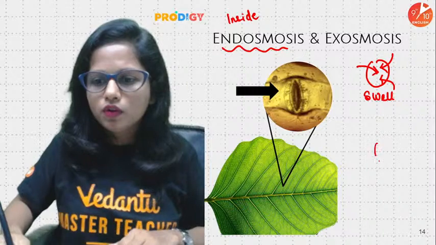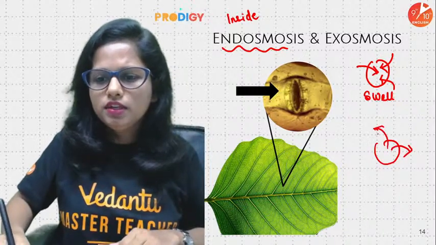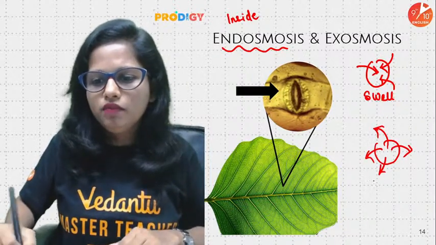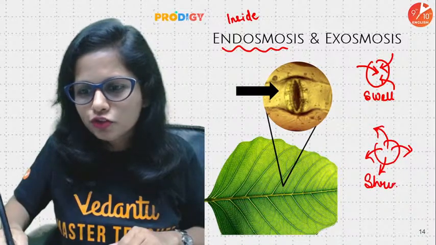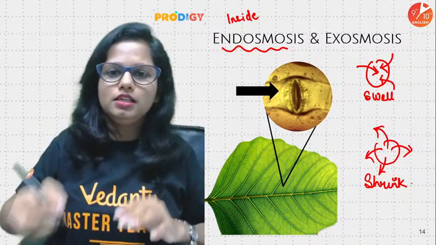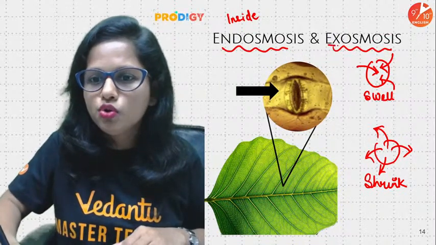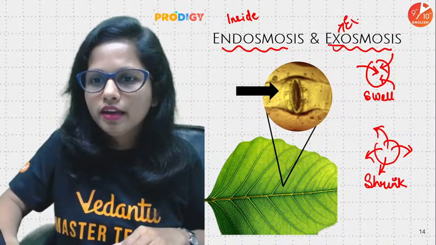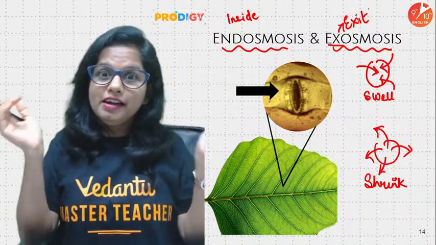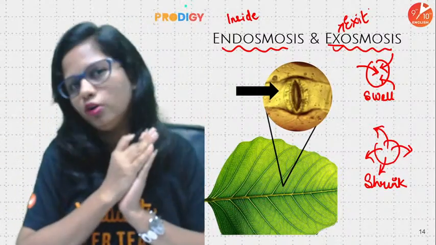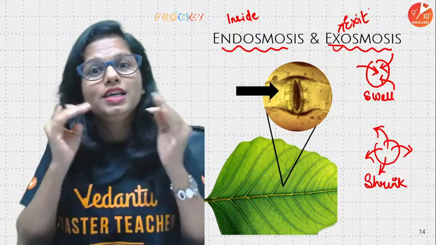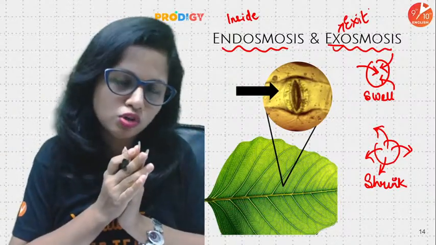And when water leaves, the cell will shrink, and this is known as exosmosis. Exo means exit. So when water enters inside the cell, it's endosmosis. When water leaves the cell, it's known as exosmosis.